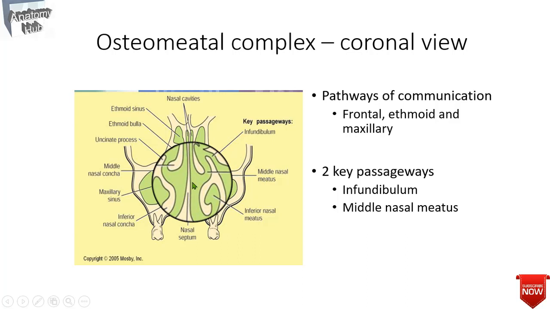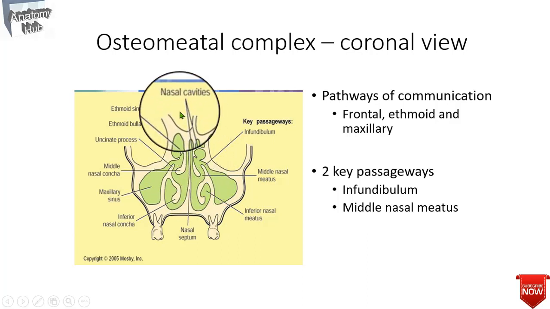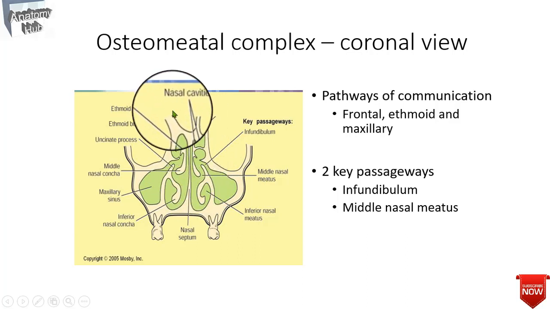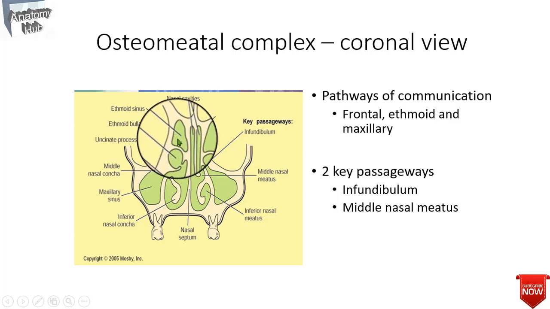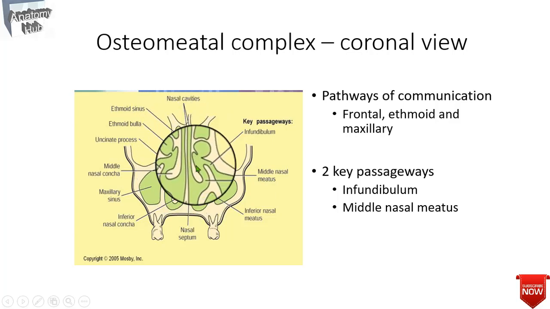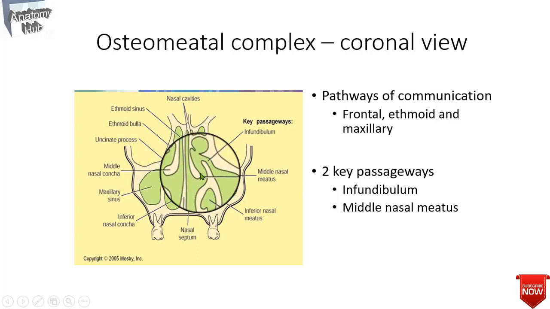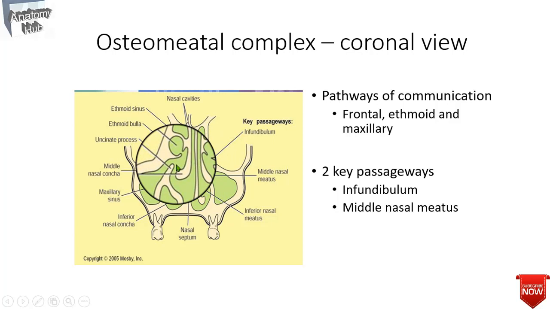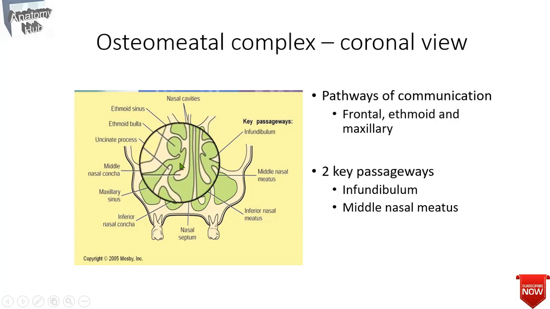And the pathways of communication between the frontal sinus, the ethmoidal sinus and the maxillary sinus, all open to this nasal cavity. So the key passages are the infundibulum and the middle nasal meatus.